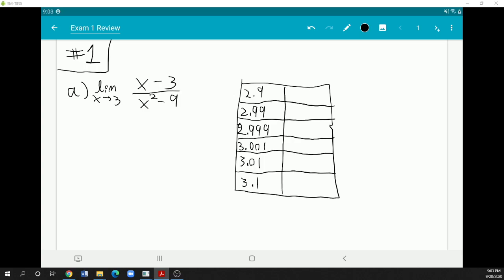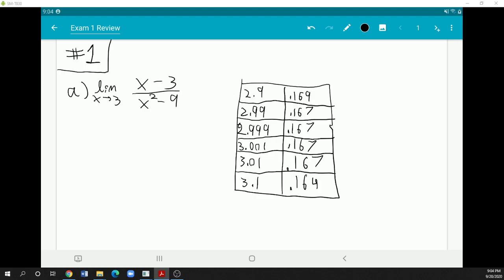I get 0.16, I'm going to round to 3 decimal places to make sure at the end when I round I didn't mess something up. 0.167, 0.167, more 0.167s, and then 3.1 is 0.164. So, yep, that really looks like it's closing in on the value.